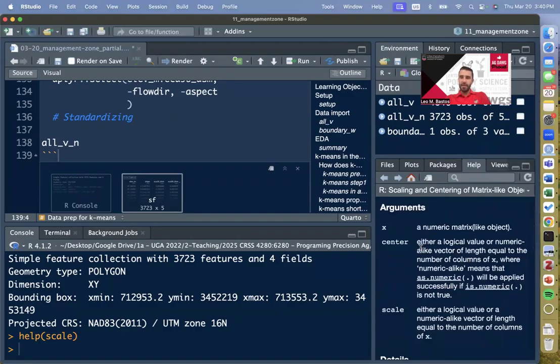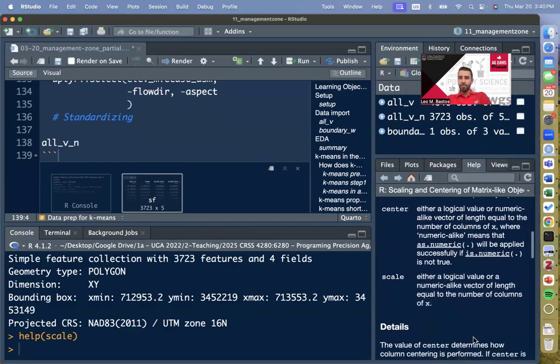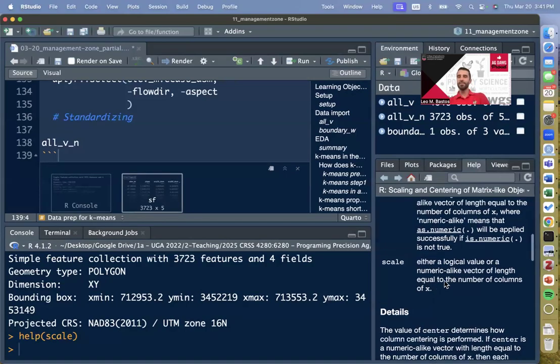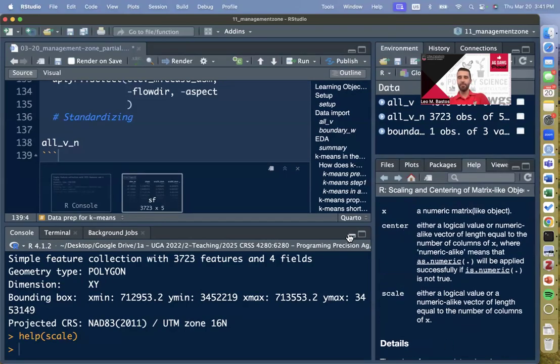So center is basically going to subtract the average of the column, and scale is going to basically, well, it does the value minus the average divided by the standard deviation. I think that's what both center and scale are doing for us.